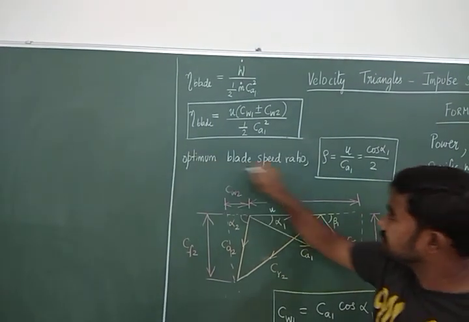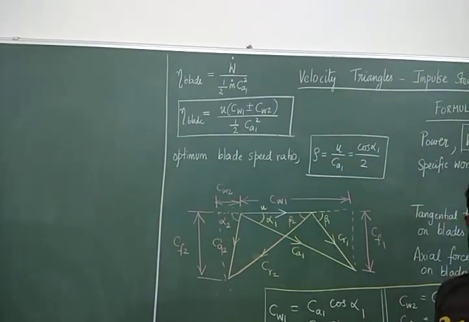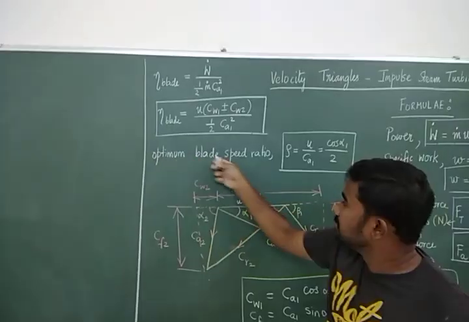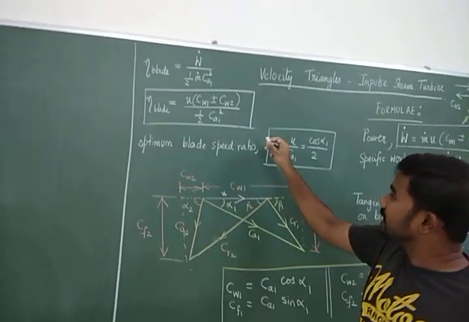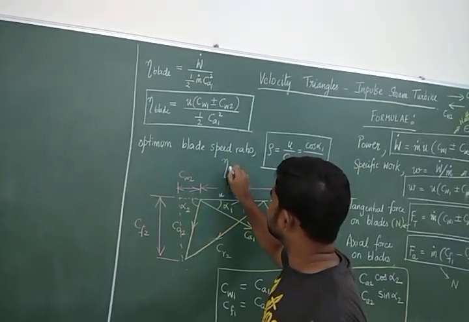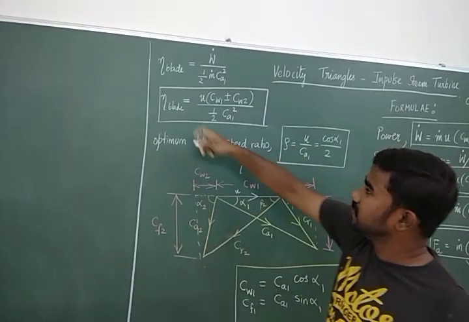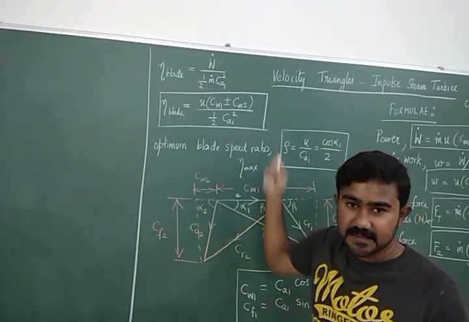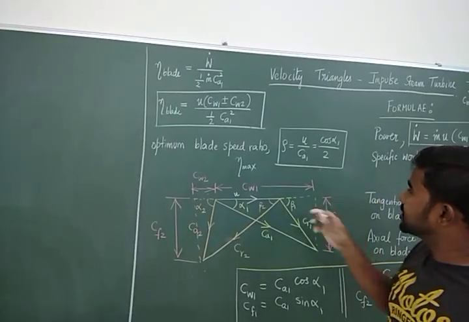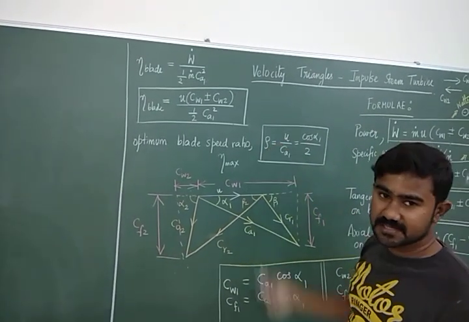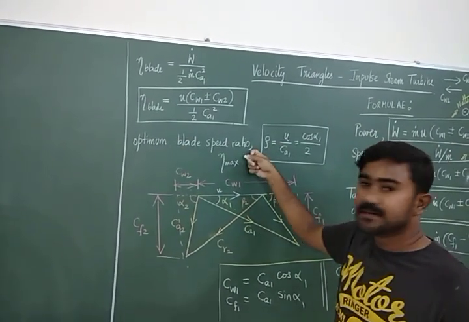Now, there is a derivation, but we are skipping the derivation because we don't have time. Optimum blade speed ratio, that is to get the maximum efficiency. From this expression, we will take a derivative and set it to 0, the condition that the efficiency is a maximum. Then you get a condition that this ratio, which we call rho, is called the blade speed ratio.